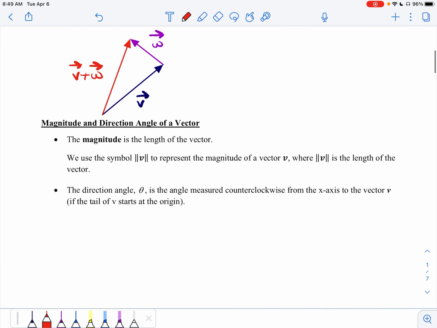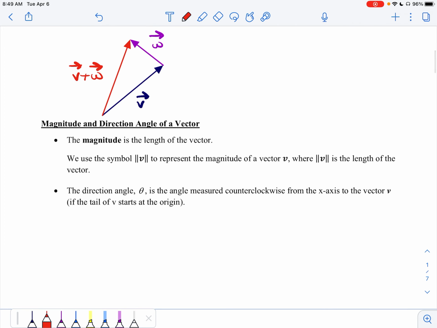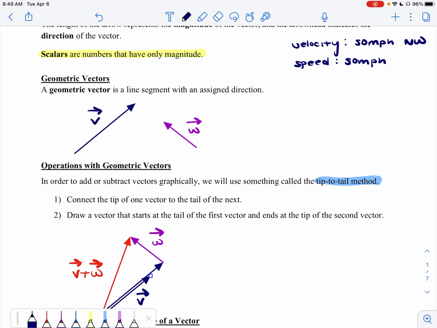Now, one other thing with these. As I mentioned, vectors have two things. They have both magnitude as well as direction. The magnitude of a vector, when we're looking at geometric vectors, is just represented by the length of the vector. So let's take this vector V again.